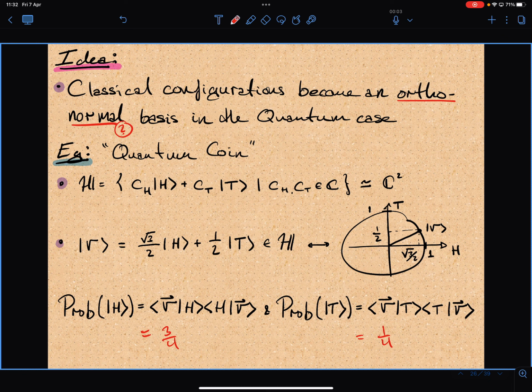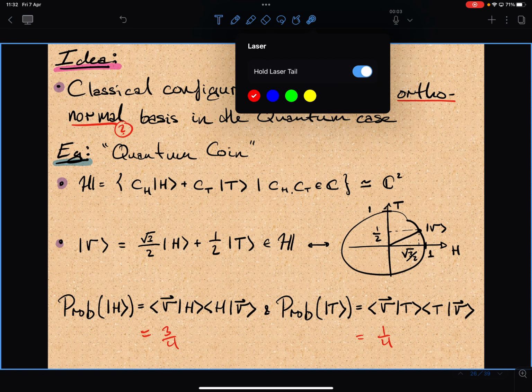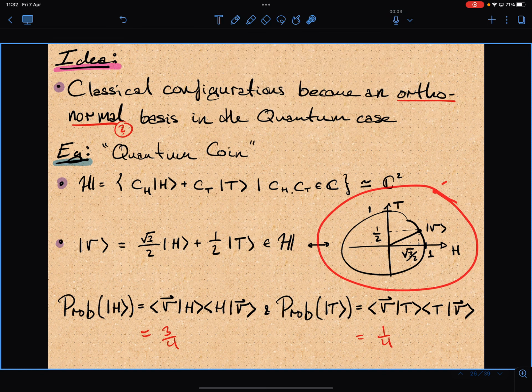And then another quick question for the class. In this picture here, where do you see the orthonormal condition? Anyone?